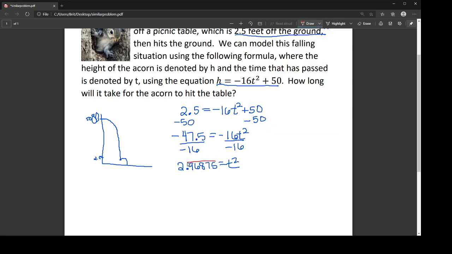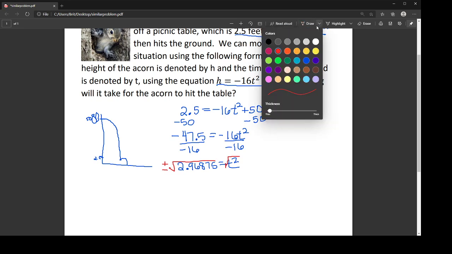Alright, now remember, whenever you take a square root, to get rid of a square, you need to put a plus or a minus in front of that symbol, because it could be either positive or negative, whatever number comes out of there. Alright, now I'm trying to convince my phone to turn to the side so I can take the square root of that number.